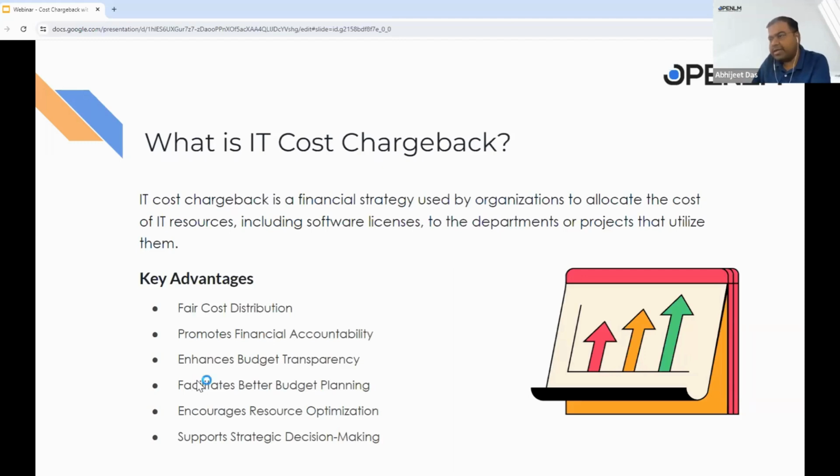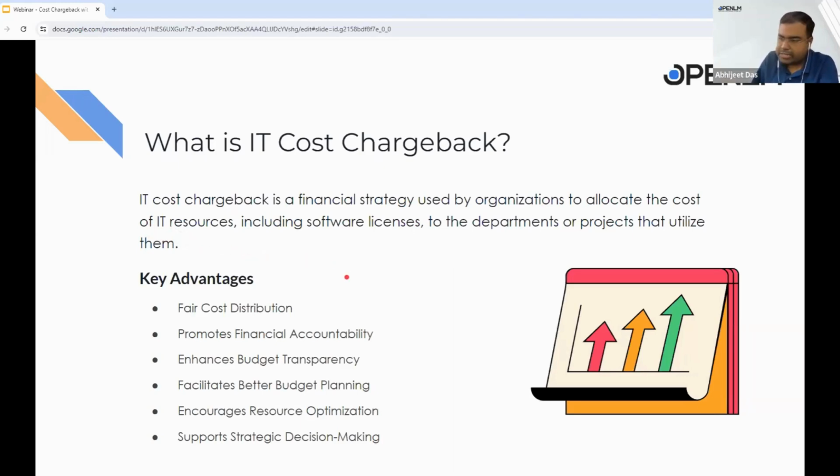So the IT chargeback here is a financial strategy used by organizations to allocate the cost of IT resources. Now, this could be your software, hardware, or infrastructure cost. But basically, today in this session, we are focusing on the software licenses.